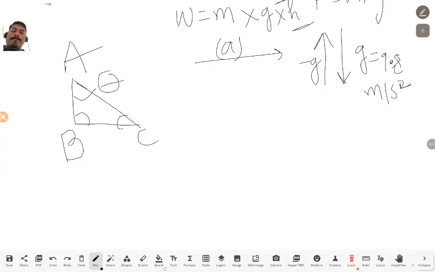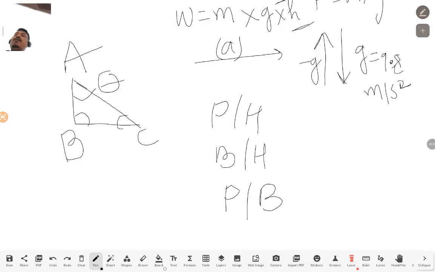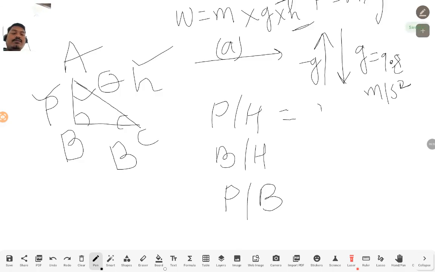It's Pandit Badri Prasad Har Har Bole. What is this? Perpendicular, hypotenuse and base. So we can say that the ratio of perpendicular and hypotenuse is called sine theta.